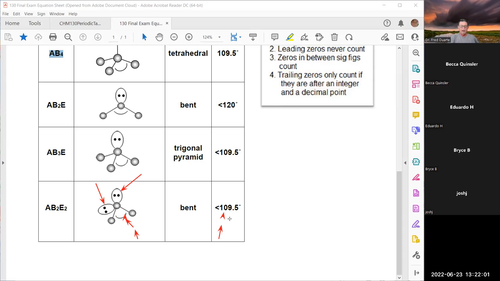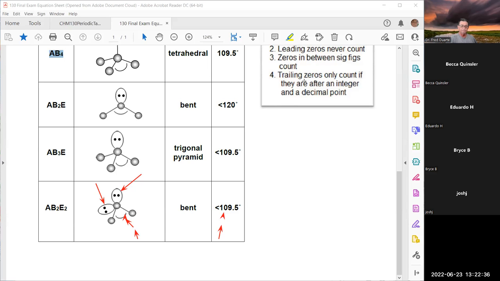So those lone pairs on the central atom have a big effect on the overall molecular geometry. On top of that, because of the extra space they occupy, they also have a big effect on the chemical and physical properties of the molecules. We're going to learn more about that as we progress. Right now, we're just learning the beginnings of this, how to make the structures.